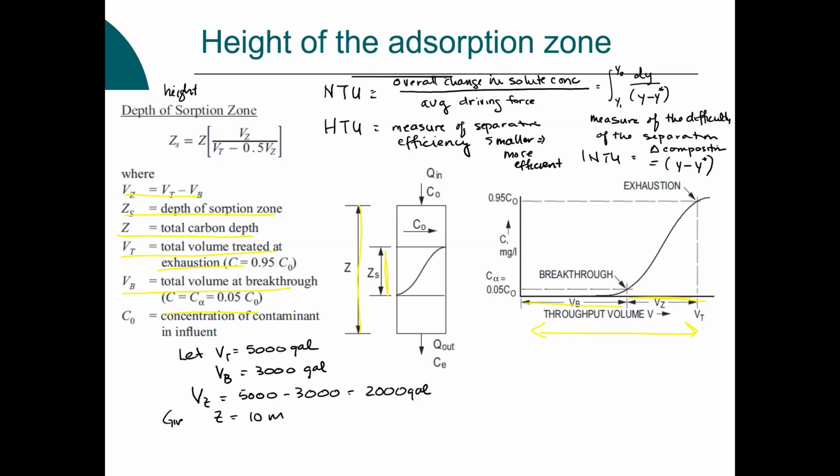So that's okay. So then the depth or the height of the adsorption zone using this equation here is equal to 10 times V sub Z, 2,000, divided by V sub T minus 0.5 times V sub Z, or 2,000.